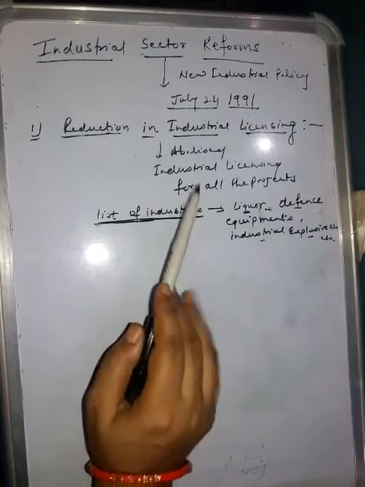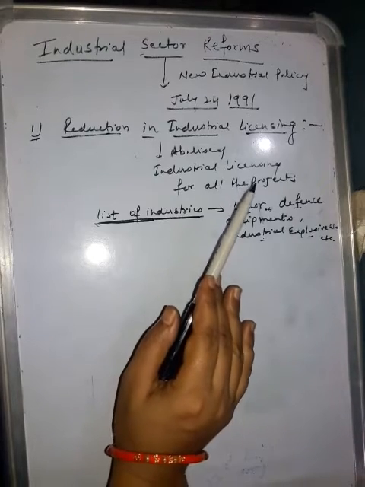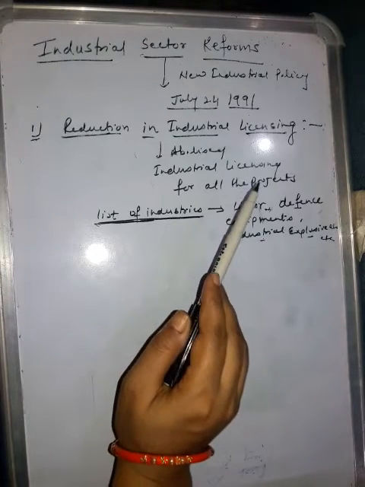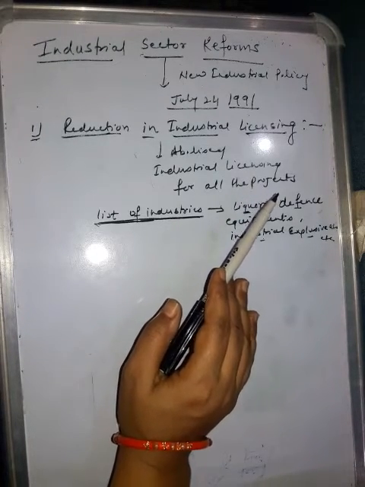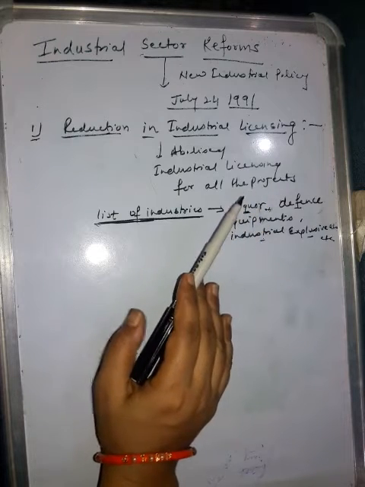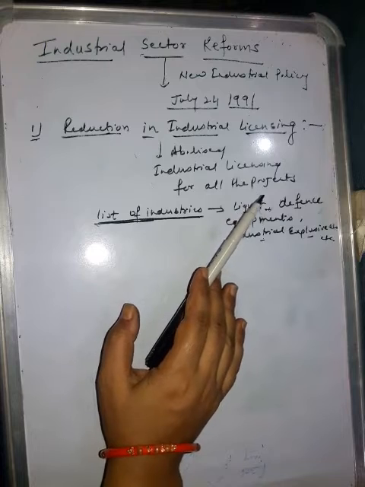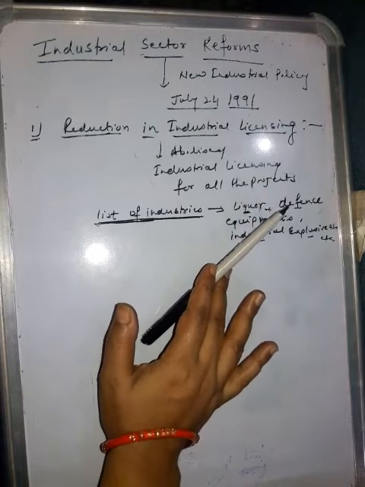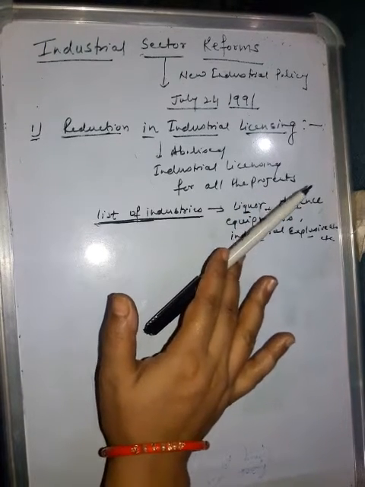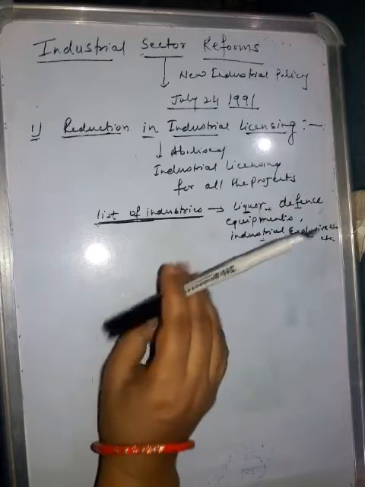No license was needed to set up new industry or expand or diversify the existing line of manufacture. However, certain industries still require a license, which are related to security and strategic consideration.